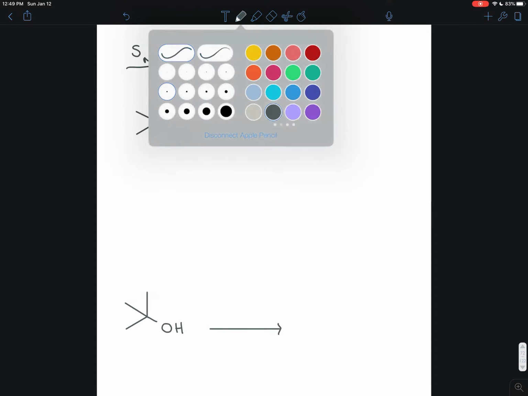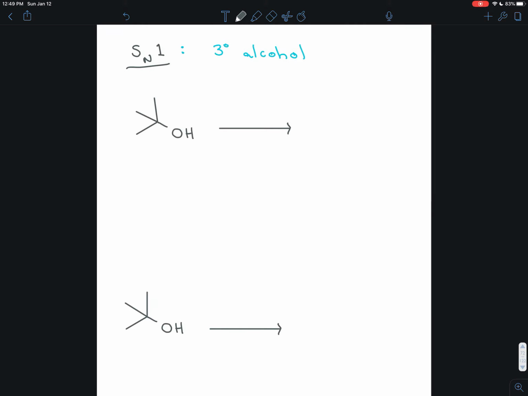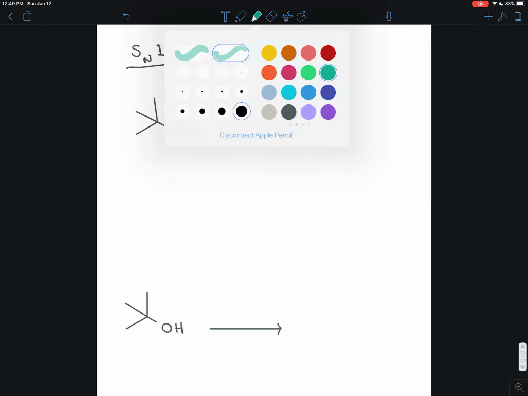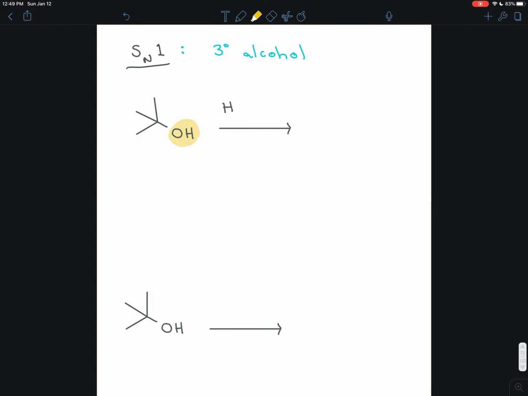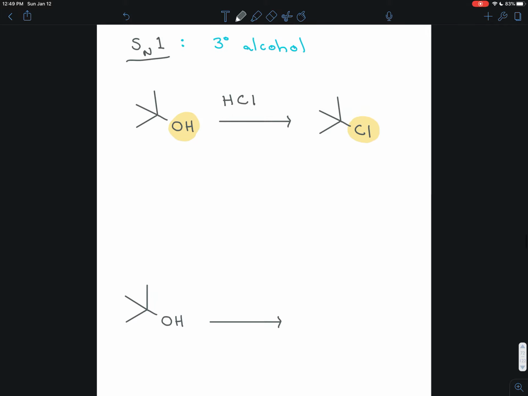Now, the reagents for adding a Br, well, let's do a Cl first, for replacing this group with a Cl. So the reagent for that is HCl, hydrogen chloride.